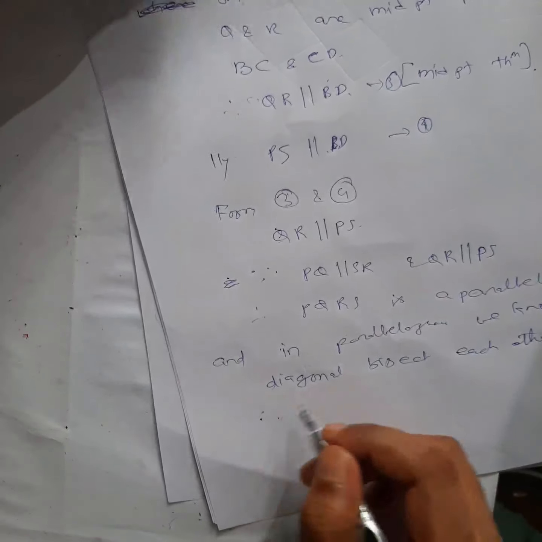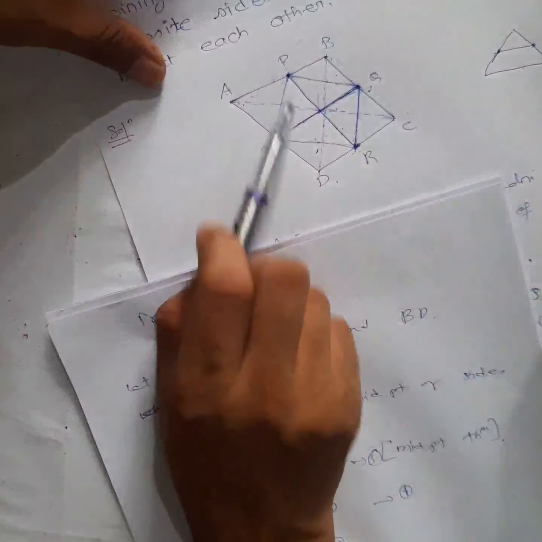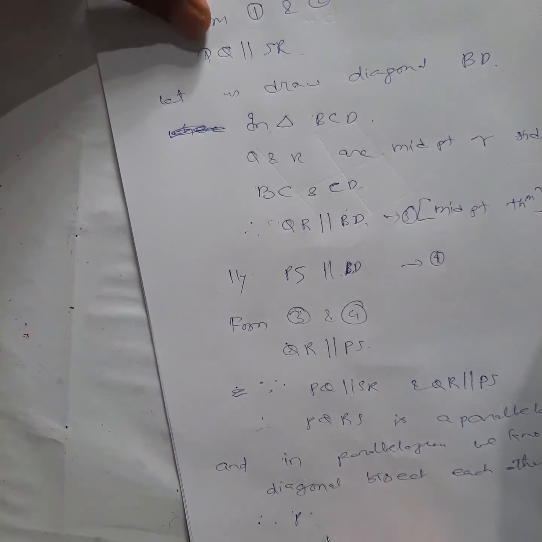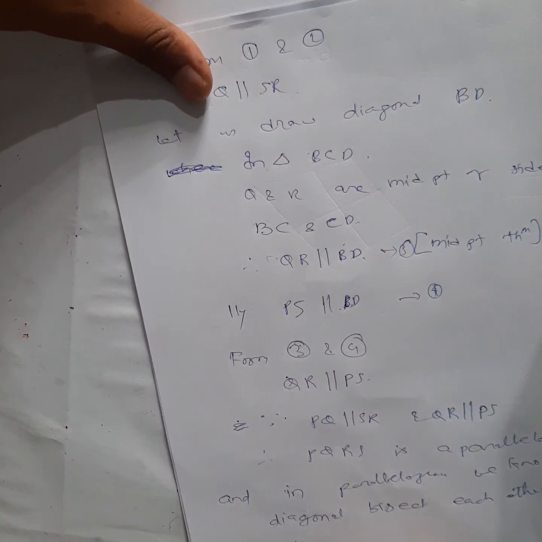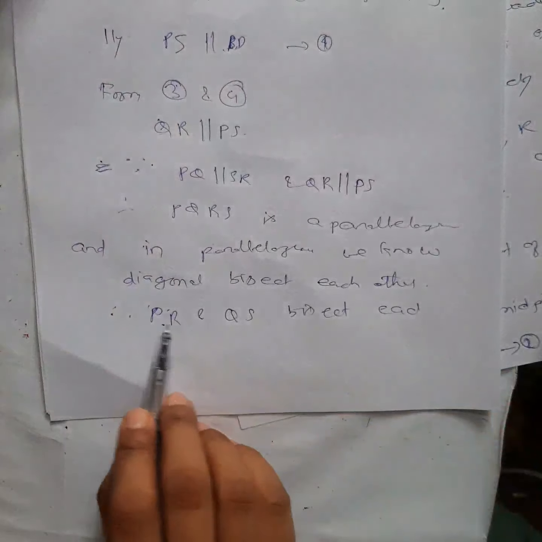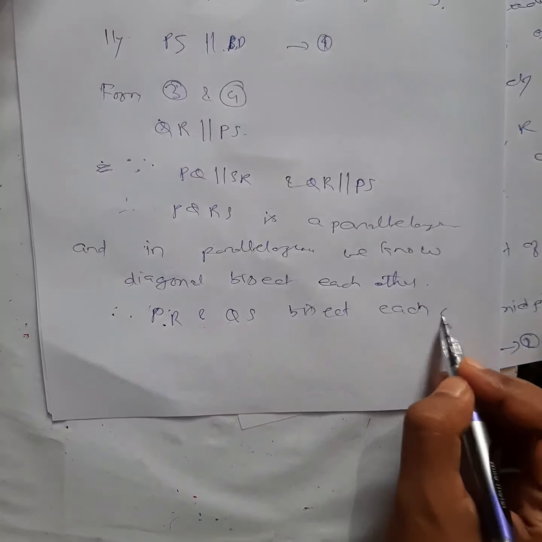So therefore, which diagonals are we talking about? PR and QS bisect each other. That's it.